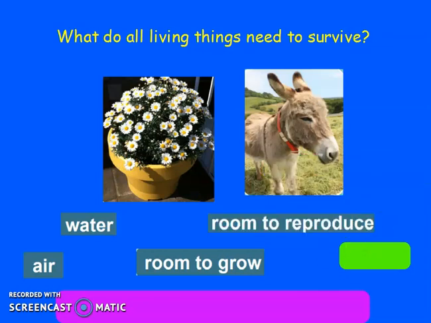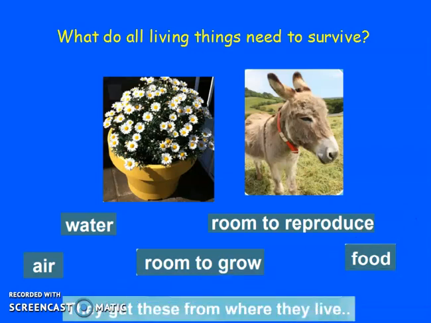They need room to reproduce, to make more of their own kind, or they would die out. And of course they need food. This goes the same for humans too. Living things can get all of these things from where they live, where they choose to live.